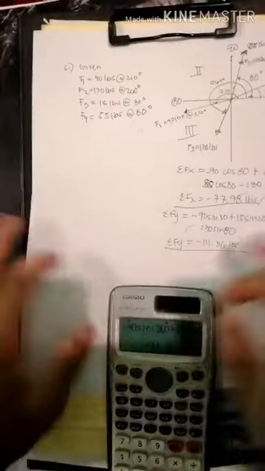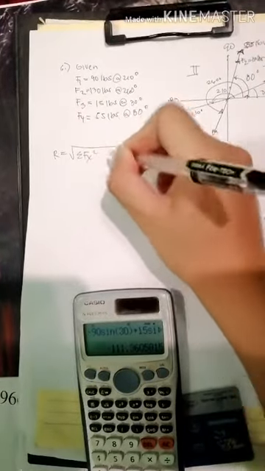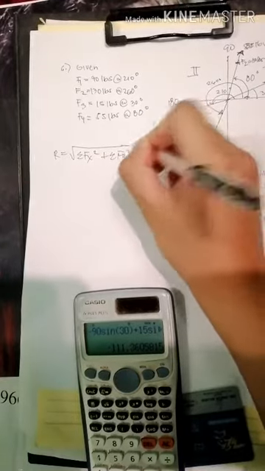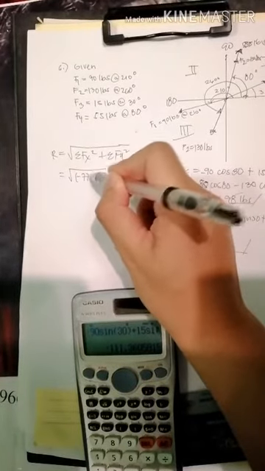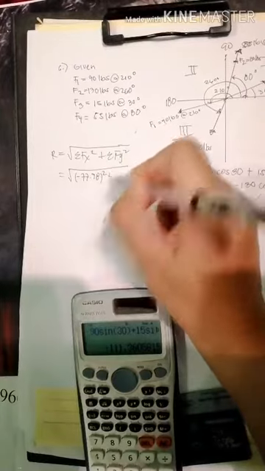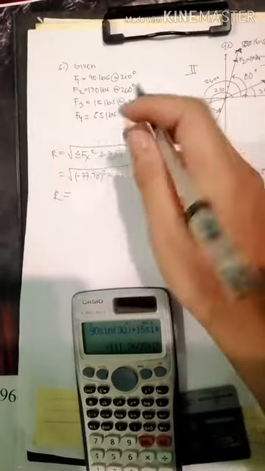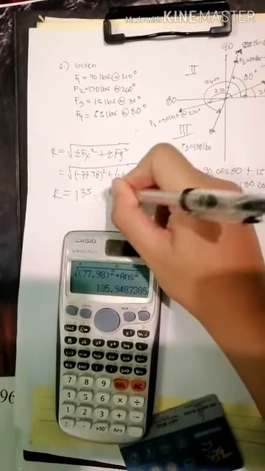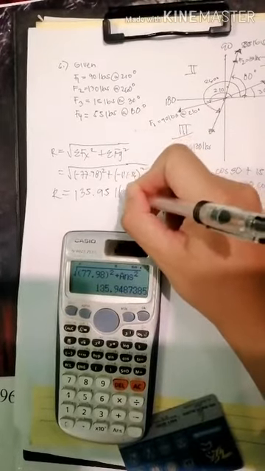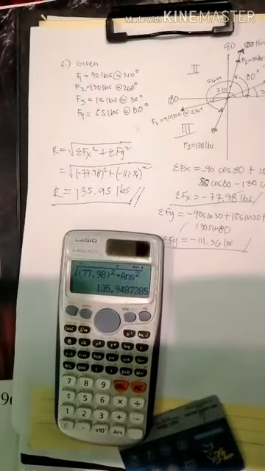So, resultant force is equals to square root of summation ng x squared plus summation ng y squared. Negative 77.98 squared plus negative 111.36 squared equals to 135.95 pounds. So, ito yung resultant force ng forces na yan.